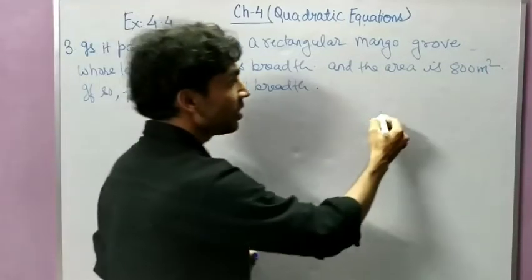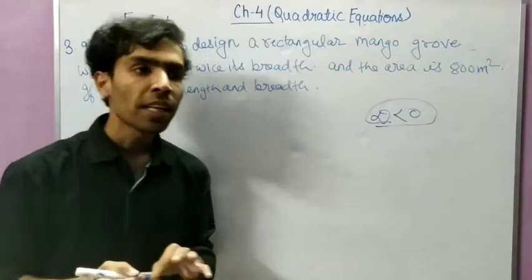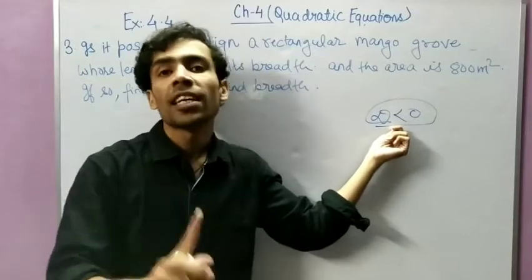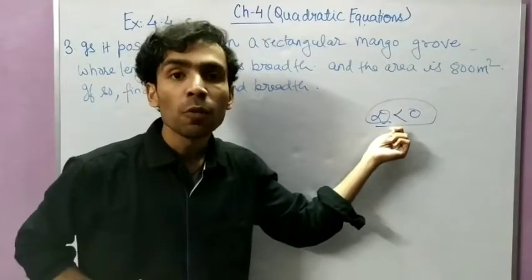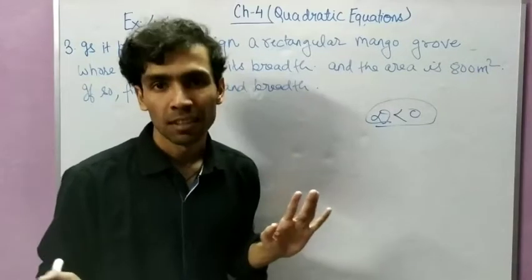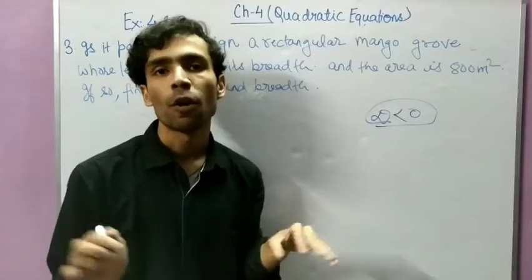And when D is less than 0, there are no real roots, so it means we cannot design. Whenever we get D less than 0, we cannot form or design it.